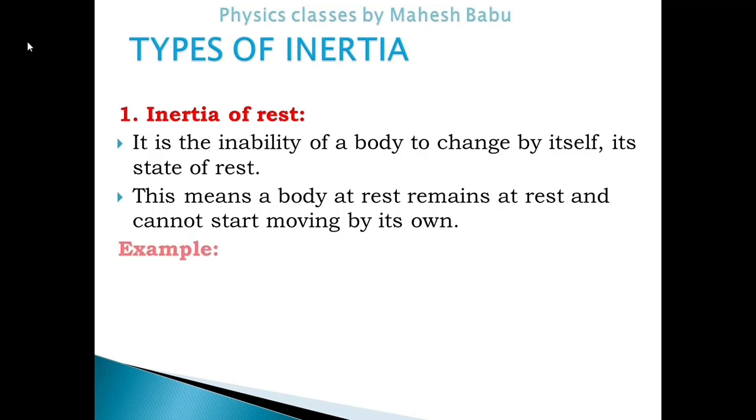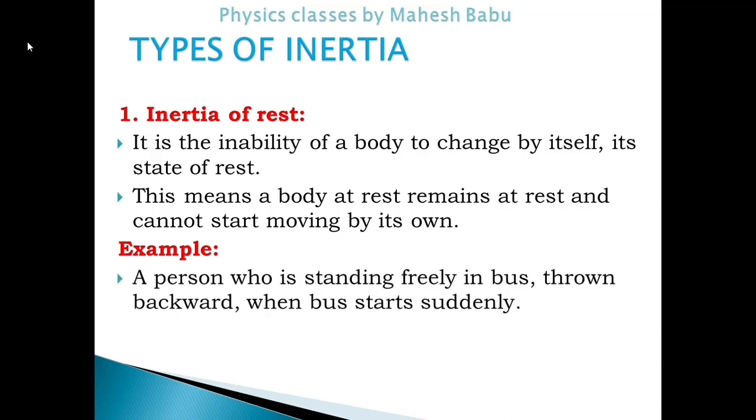Now an example for inertia of rest. If a person is standing in a bus and the bus suddenly starts, he will fall backward. The lower part of his body is in contact with the bus, so when the bus suddenly moves, that part moves with it.